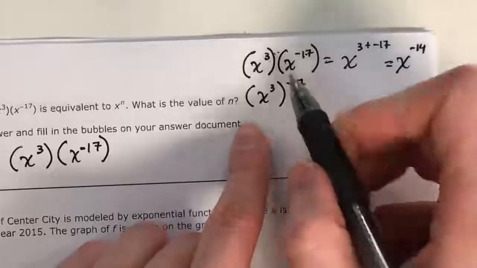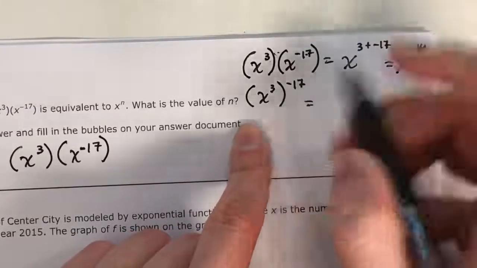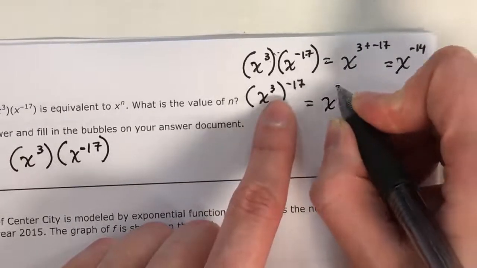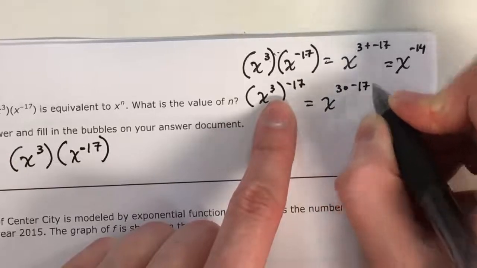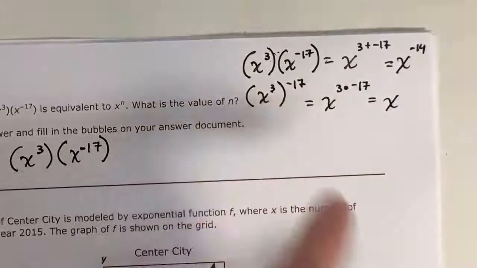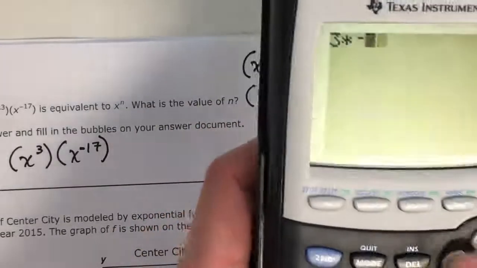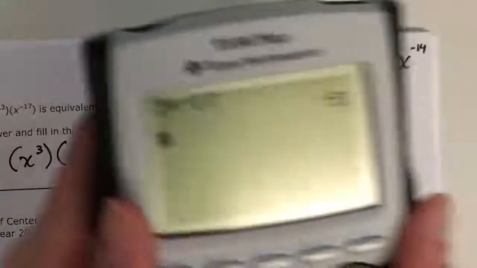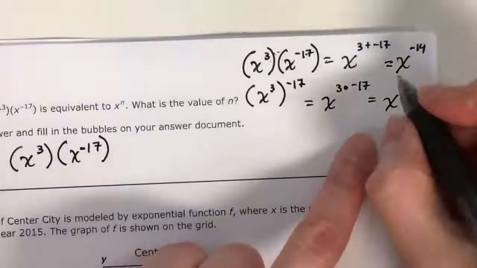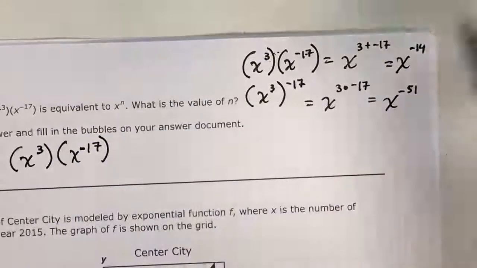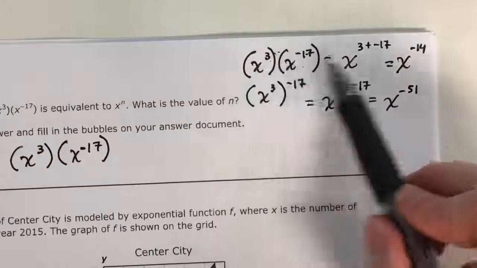And then for this one, if you see an exponent, parenthesis exponent, you are going to multiply. You have to do 3 times negative 17. And that would make it negative 51. Okay, so if you see something like this, it's a plus.